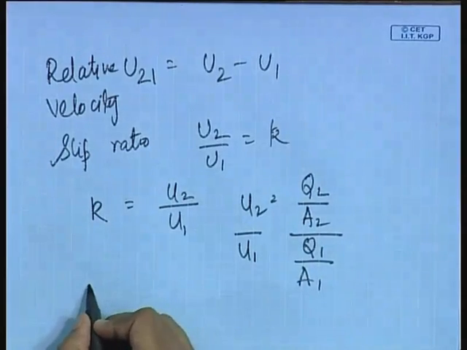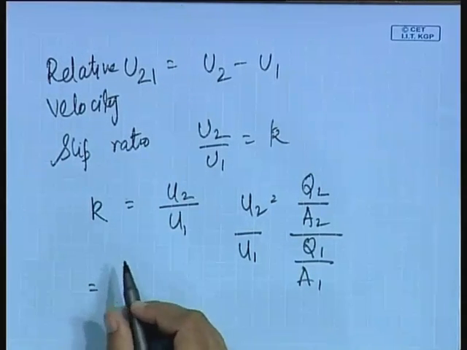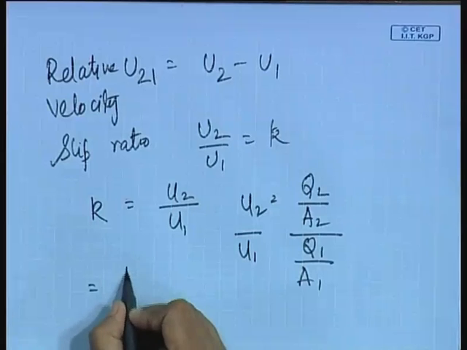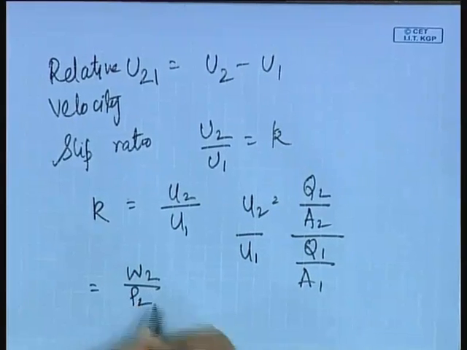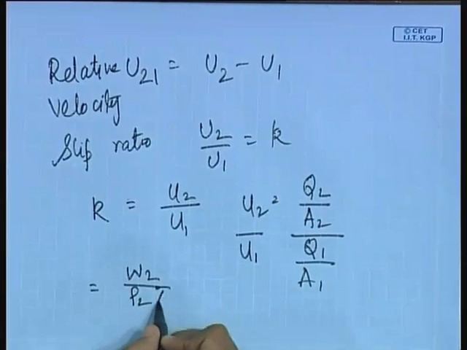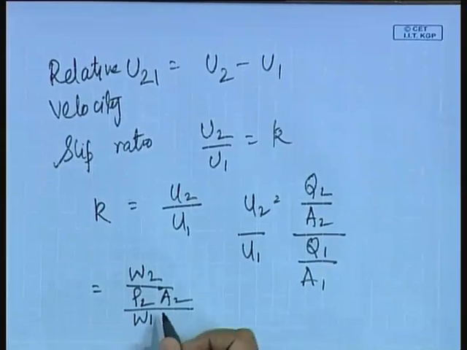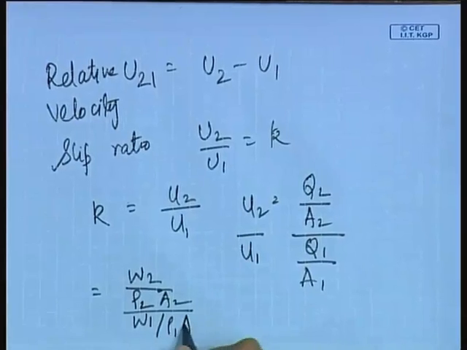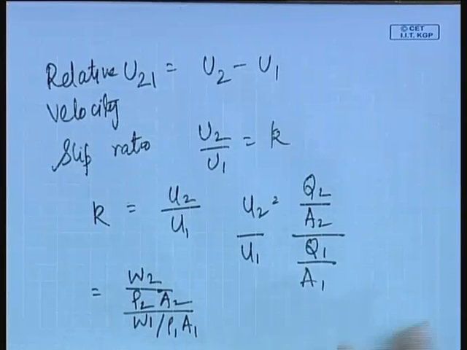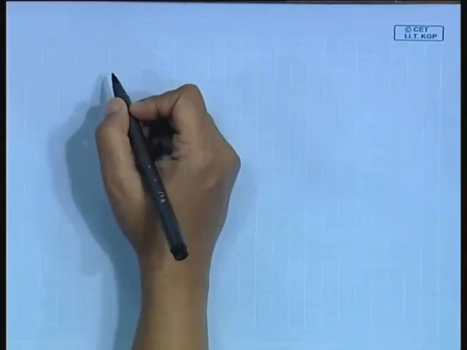So, therefore, what we would like to do is express Q2 as W2 by rho 2 A2, and Q1 as W1 by rho 1 A1. W2 again we do not know, because W2 will be changing along the length.